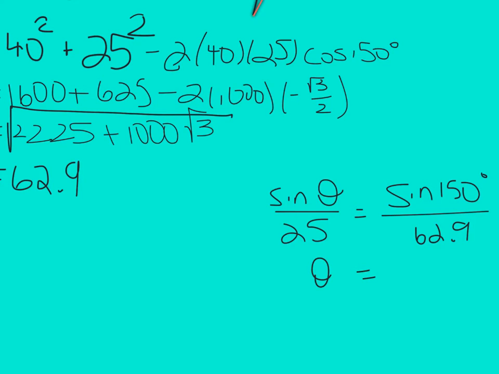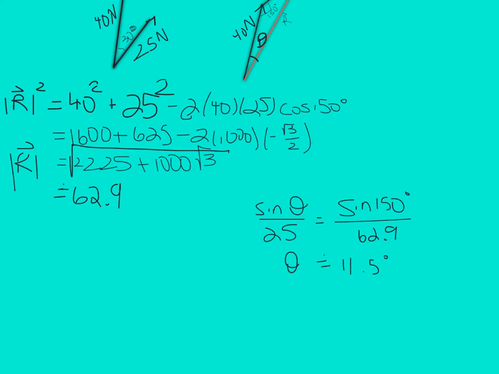And when we plug that into our calculator, we will get approximately 11.5 degrees. So this means that it's going to form an 11.5 degree angle with the 40 Newton.